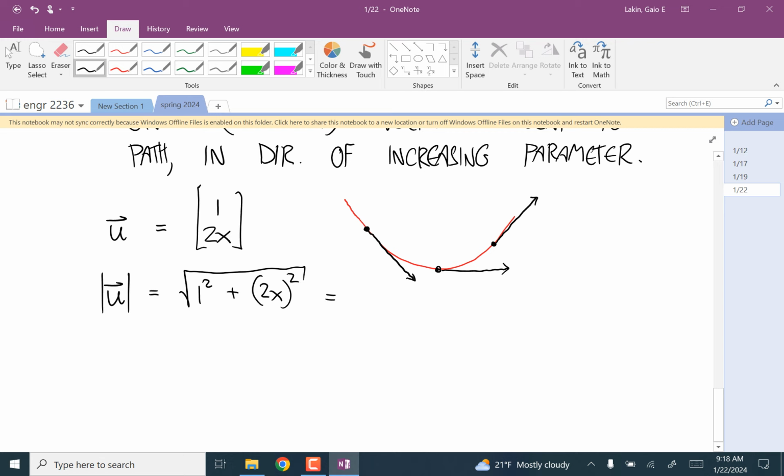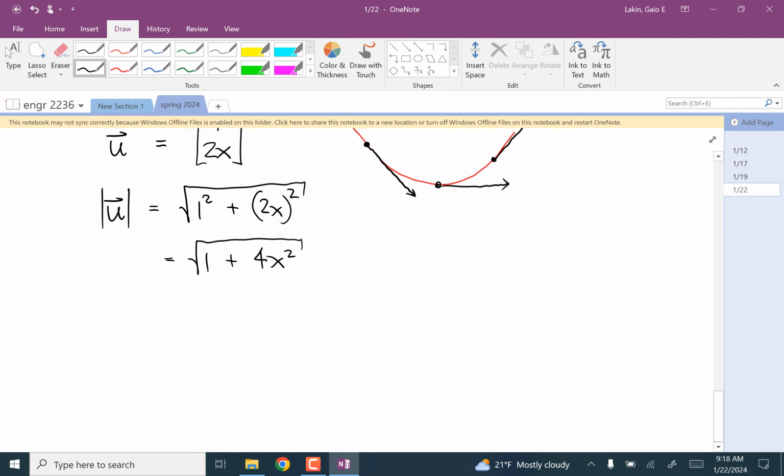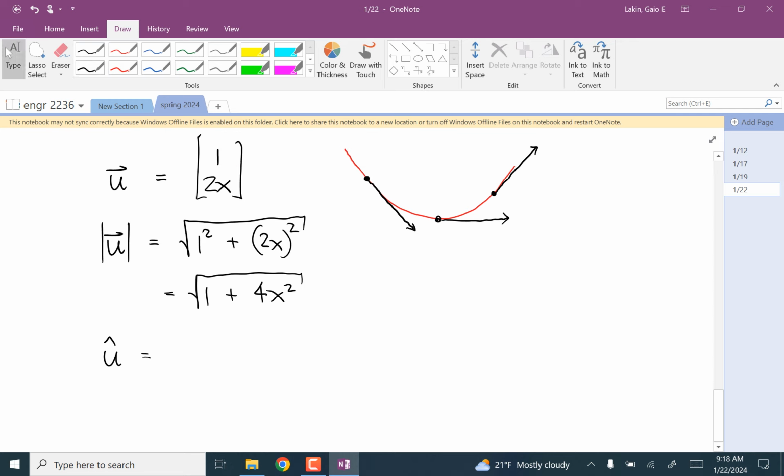And so that's equal to the square root of 1 plus 4x squared. And so a unit vector in the direction of motion is, we're going to divide both of these components by the length.